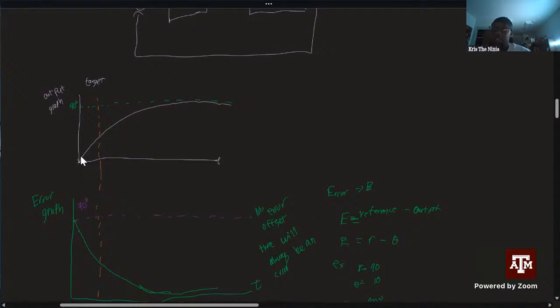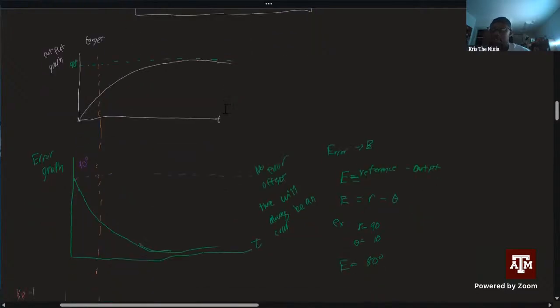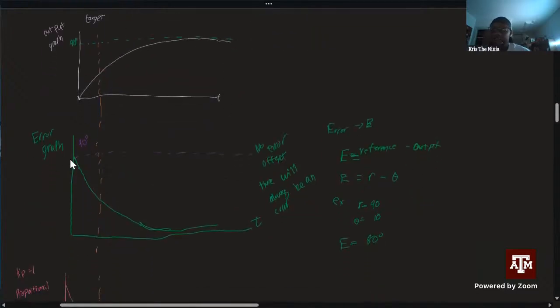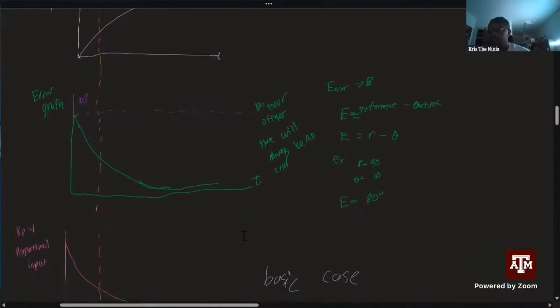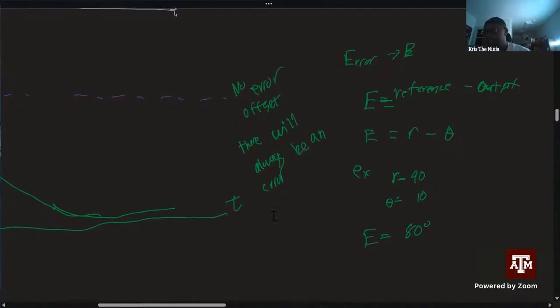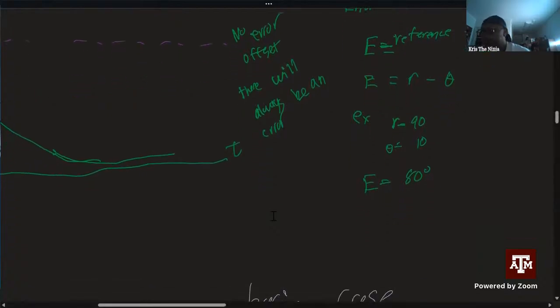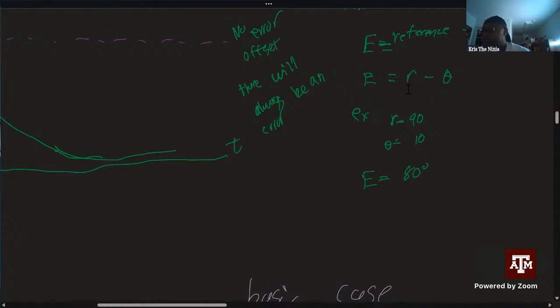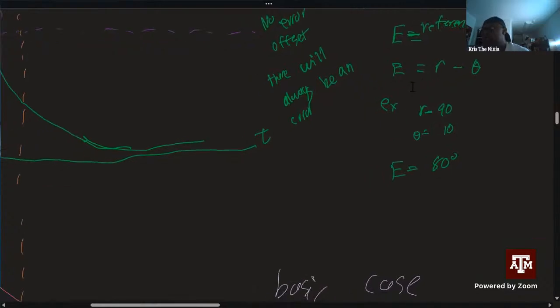It will start at 0 and eventually approach 90. The error will start at 90 degrees off and eventually drop down to 0 or around 0. There always will be an error, and the error can be calculated with the reference point minus the output.